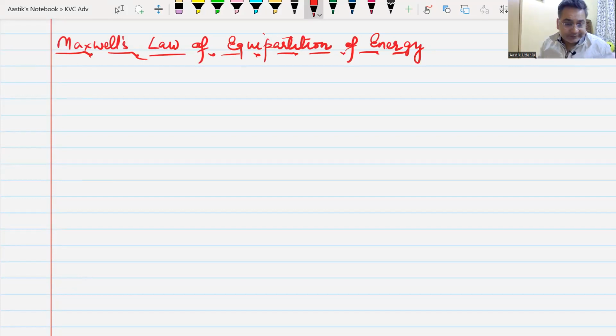This is a law. What does Maxwell's law of equipartition say?